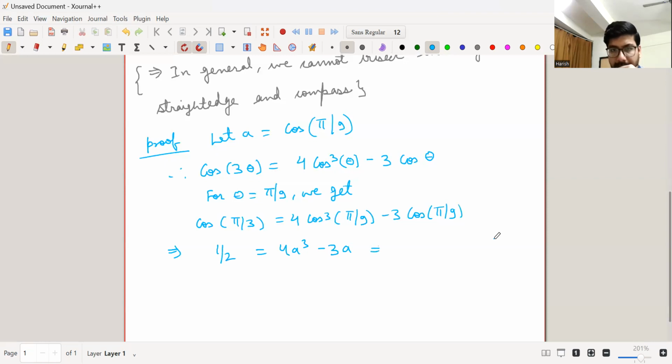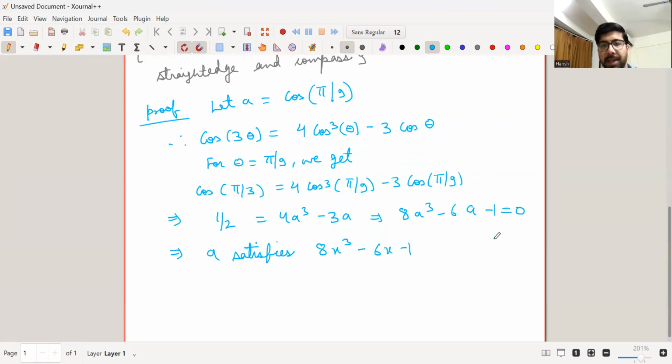And this implies that you have 8a cube minus 6a minus 1 is equal to 0, right? And this implies that a satisfies 8x cube minus 6x minus 1, right?